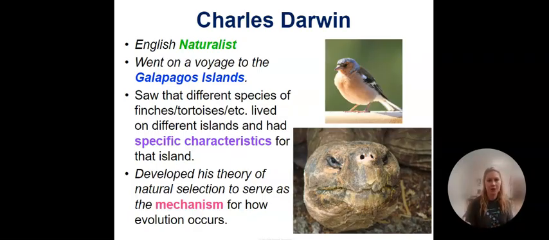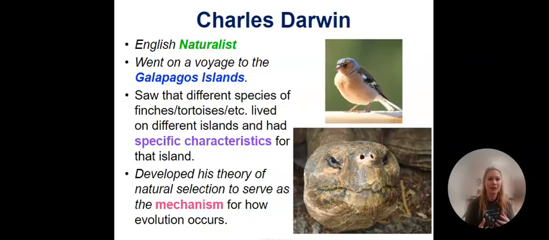On these islands, Darwin saw just tons of different species. You had birds, you had tortoises, right? And all of these different species had very specific characteristics for the island that he found them on. So even if he traveled to 3 different islands within the Galapagos, the finches or birds that he saw on the 3 different islands all had different characteristics.